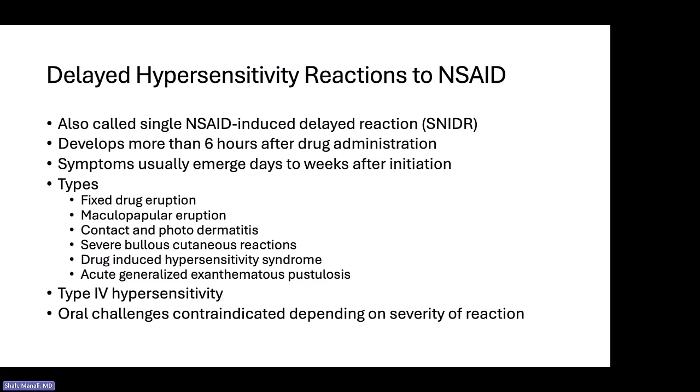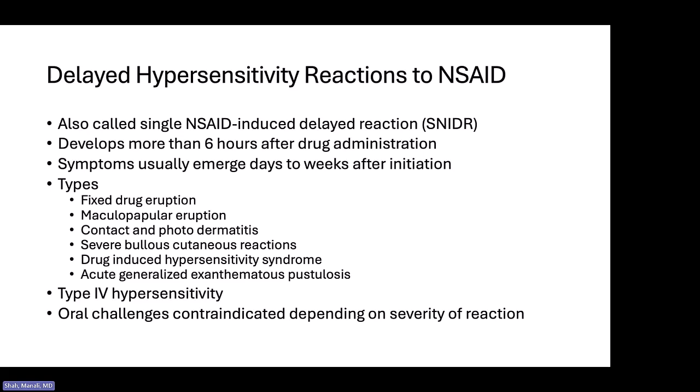Okay, so the last hypersensitivity reaction is the delayed hypersensitivity reaction. This will occur at least 6 hours after, but typically about 24 hours after, and it can even be within days to weeks. It's pretty similar to delayed hypersensitivity reactions we think of with other drugs, like fixed drug eruption, maculopapular eruption, contact photodermatitis, bullous cutaneous reactions such as SJS, TEN, and drug-induced hypersensitivity syndrome, so that could be DRESS, AGEP.